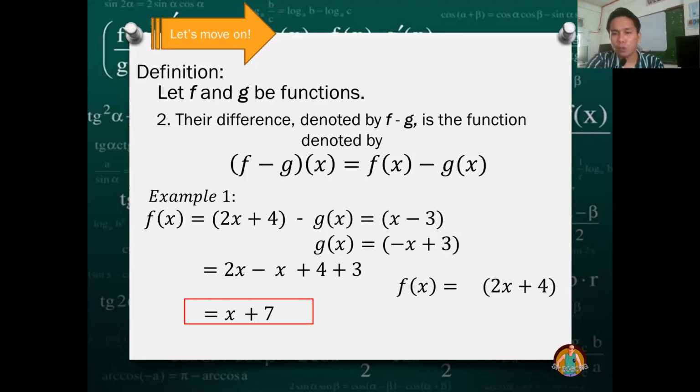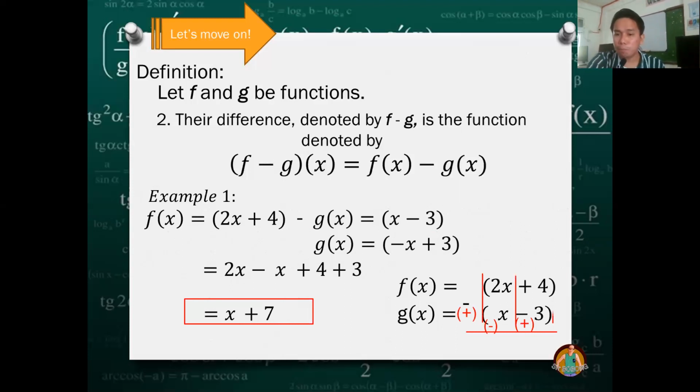F of x is equal to 2x plus 4 and minus our g of x is equal to x minus 3. Okay? Again, change natin ng sign ang ating subtrahend o our g of x. Okay? So yung positive x mo magiging negative x at yung negative 3 mo magiging positive 3 and then we will proceed to addition or combination of terms. Okay?